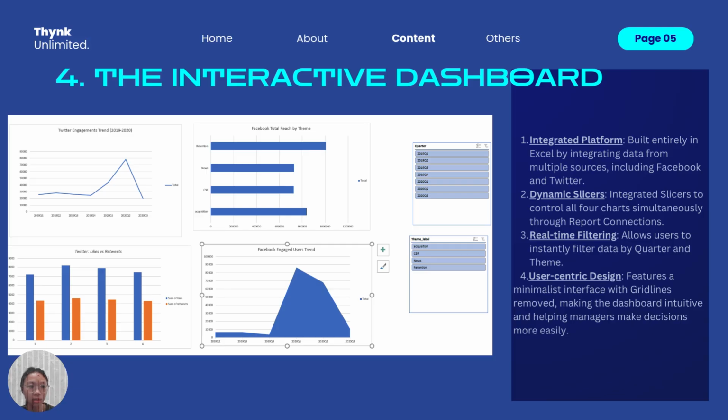To provide managers with a comprehensive overview and help them make quick decisions, I developed an interactive dashboard entirely in Excel, in slide 4, built by consolidating data from multiple sources, including both Facebook and Twitter, into a single file.